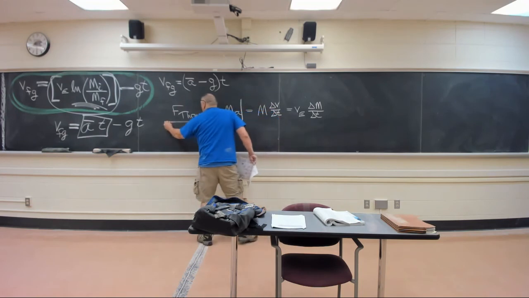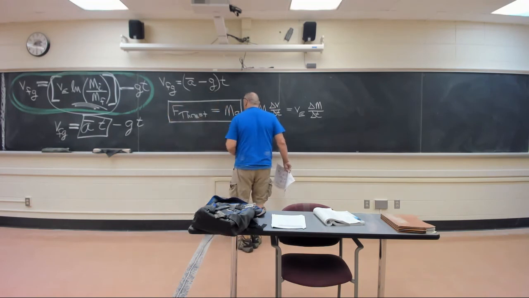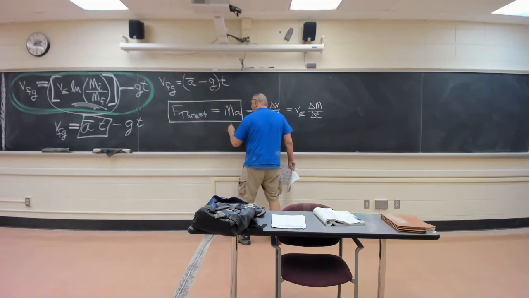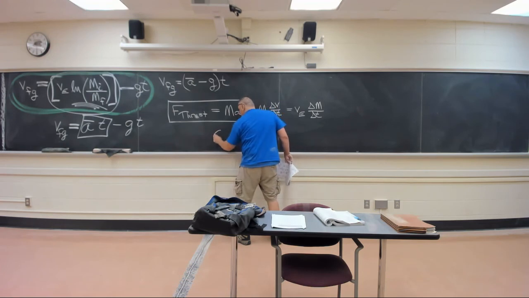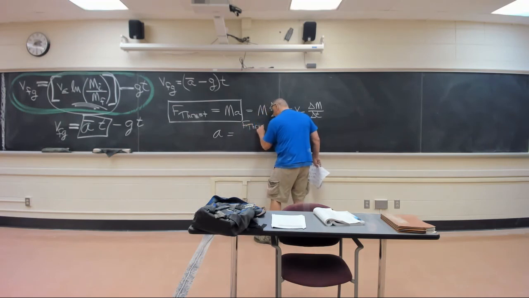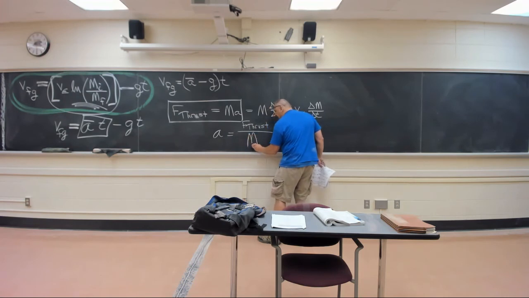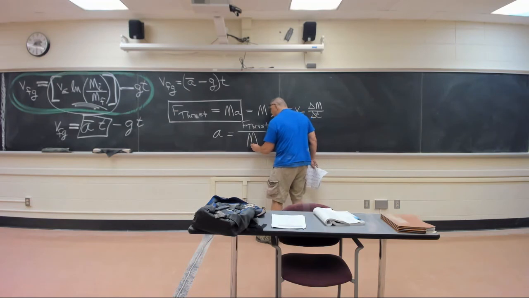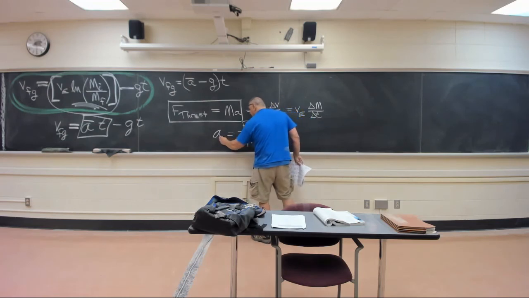If you divide by capital M on each side, the acceleration is a variable quantity, even though F thrust is a constant. F thrust may be a constant, but M is constantly changing. It's going from big to small. If this goes from a big to a small number, dividing into it gives a big answer.